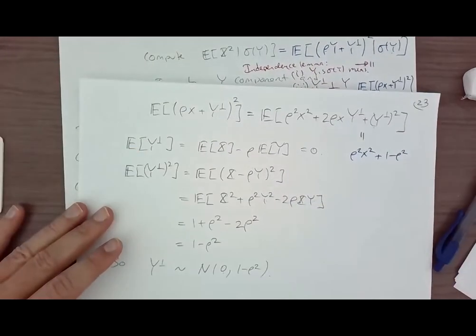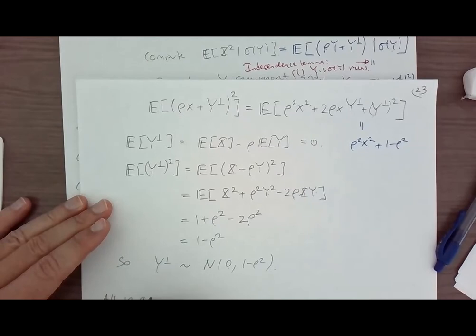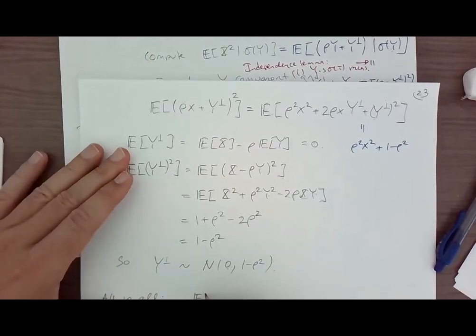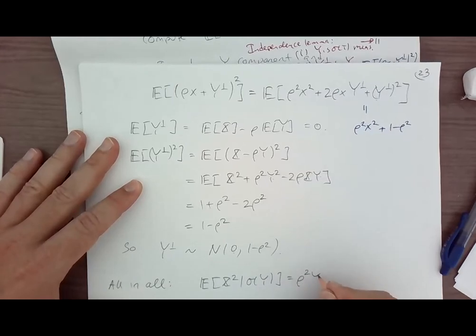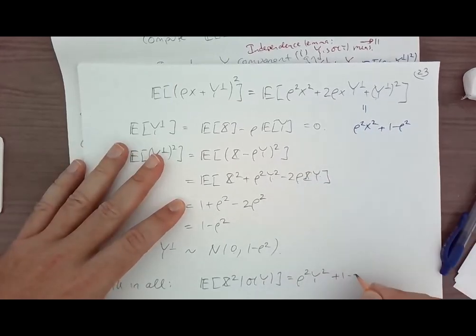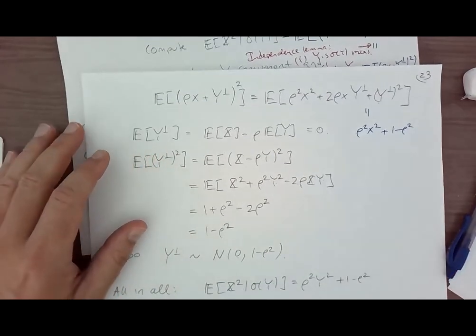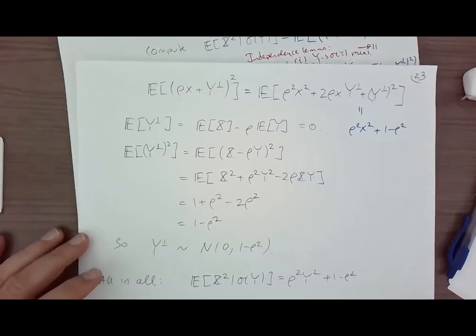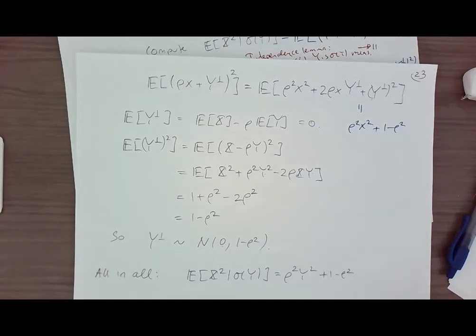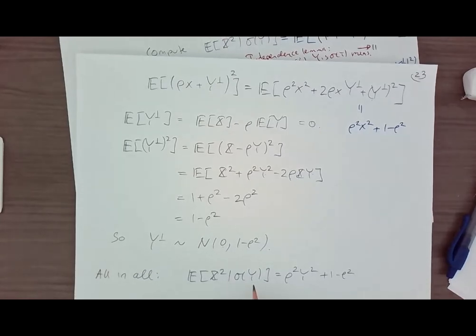Okay, so all in all, the conditional expectation of x squared given y is going to be this function up here, rho squared y squared plus 1 minus rho squared. So if you know that x and y are jointly normal, and you know what y is, then your best estimate of x squared is going to be this formula here on the right. And this is y measurable.